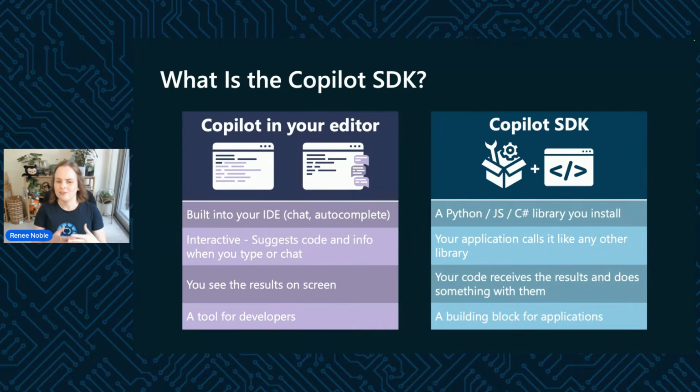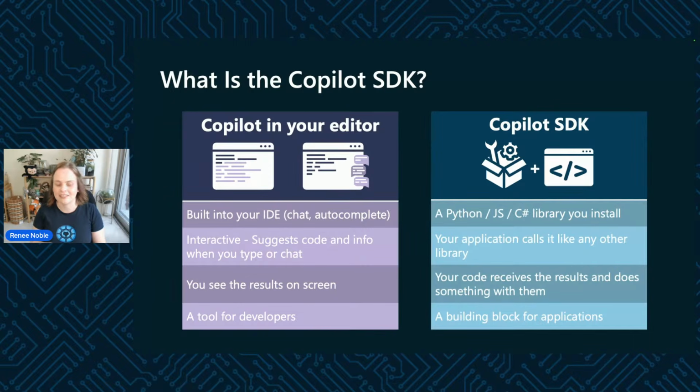We want to give you that tool so you can embed that same technology and agentic loop into your own apps. This is a library for Python, JavaScript, and C#, where you install it and use it like any other library as part of your project. Just like we saw there, it's been able to go and look through our code base and then make an analysis of what this issue looks like and how to approach it.